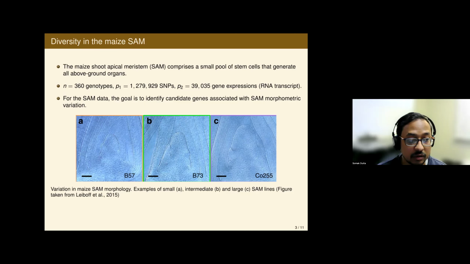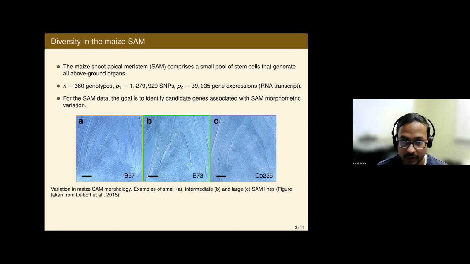Oftentimes these agricultural trials are done on fields. The fields have spatial variability. Those are accounted for. So it depends a lot on the other sources of variations. So I cannot give you an answer to that.